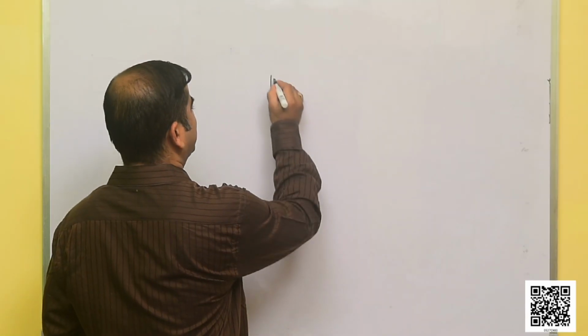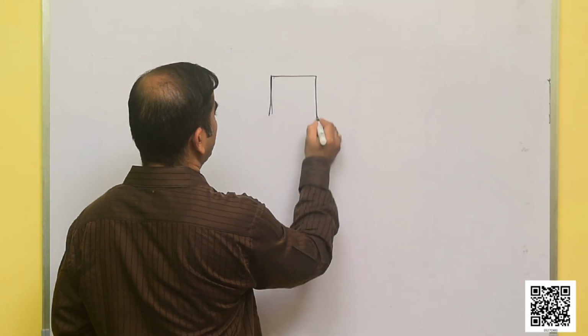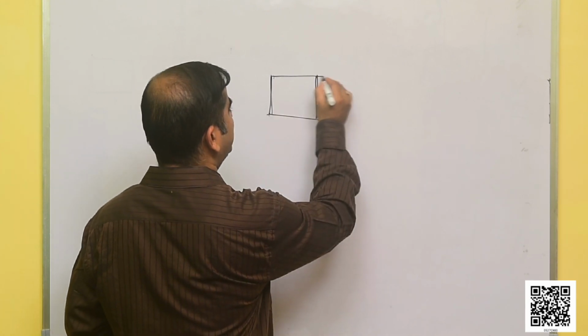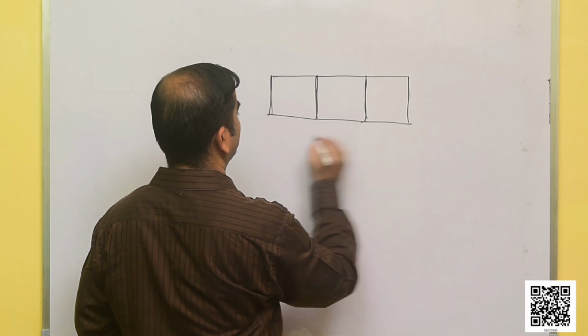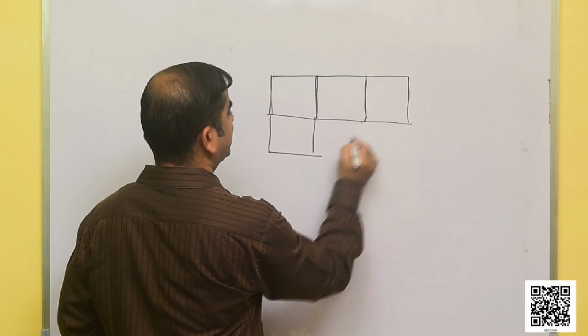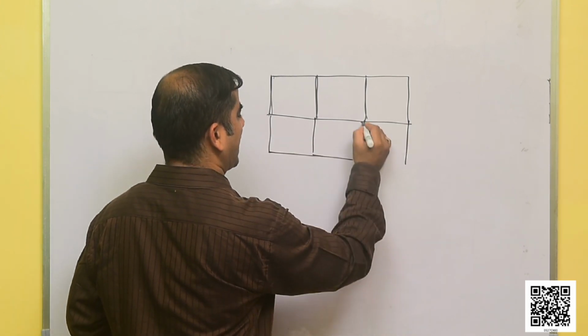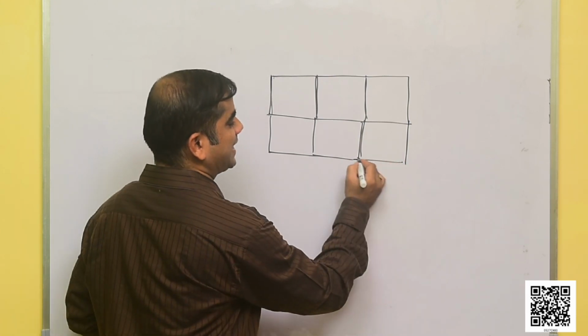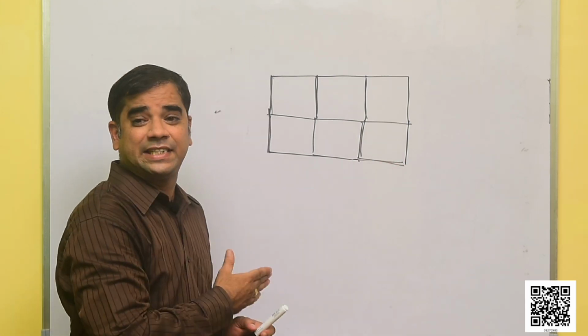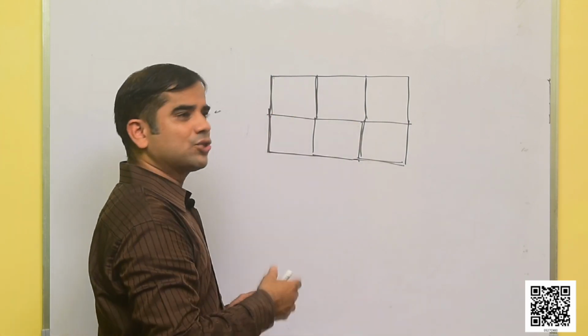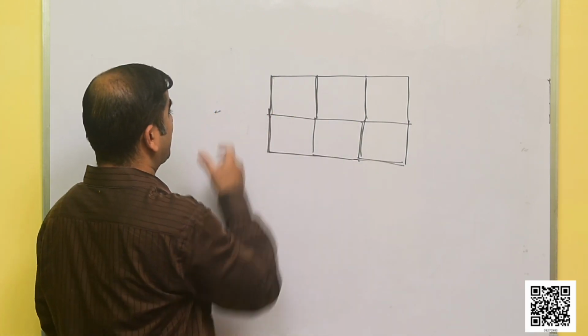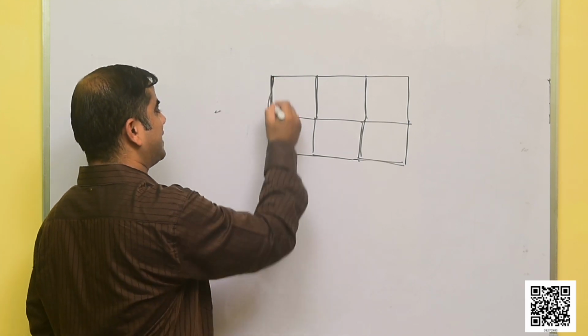Suppose I have a stamp which is having 6 squares of side 1 centimeter each. So what is the perimeter? It is nothing but the boundary. So let's add the boundaries. The breadth is 2 centimeter.